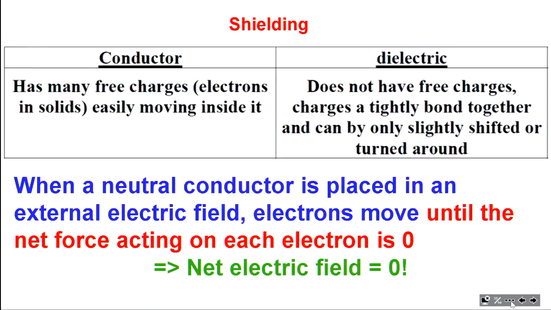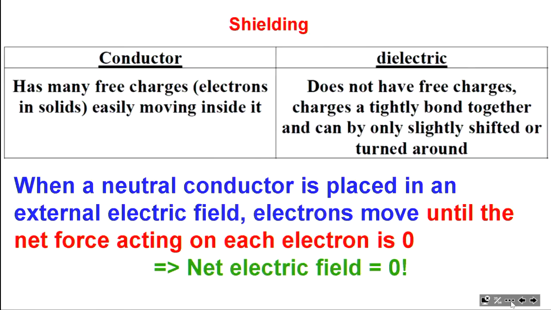And now, an additional consequence of all this equilibrium thing is that inside a conductor, electric field also has to be equal to 0, because if it's not 0, electrons keep moving.